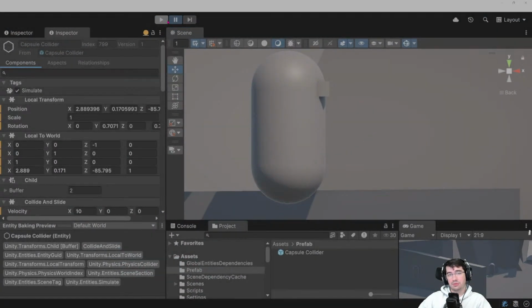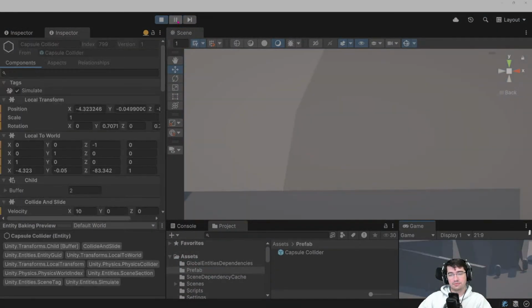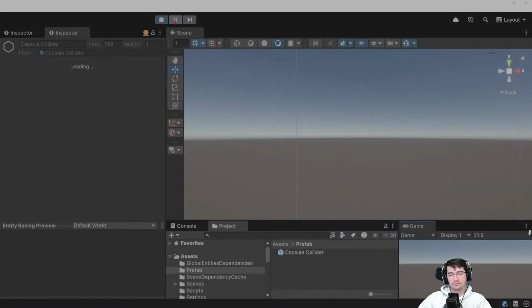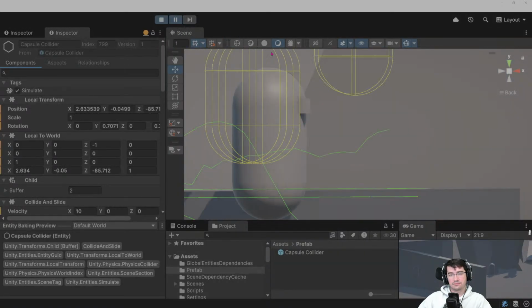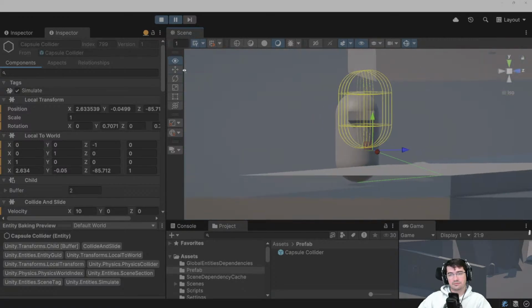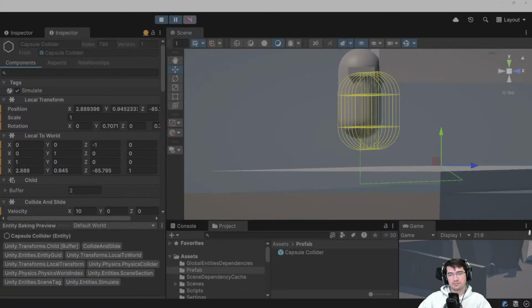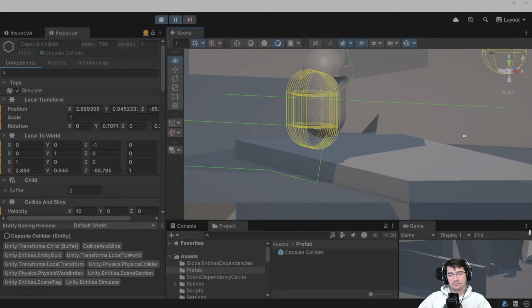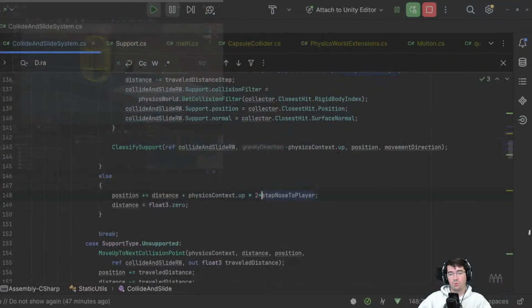I don't know why, but let's try that. And this is getting way higher.